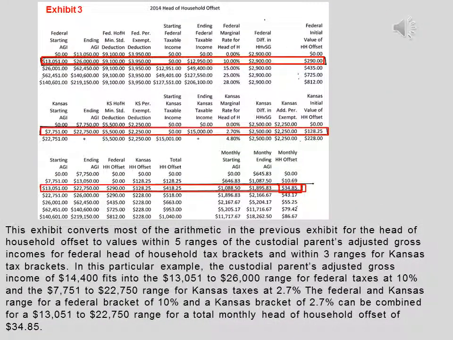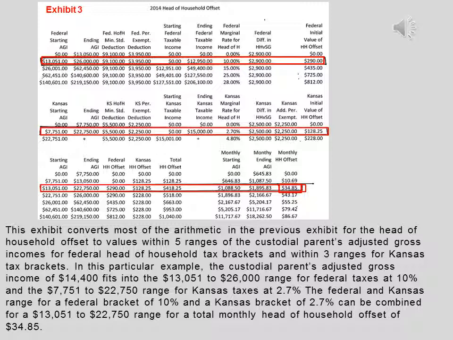This exhibit converts most of the arithmetic in the previous exhibit for the head of household offset to values within 5 ranges of the custodial parent's adjusted gross incomes for federal head of household tax brackets and within 3 ranges for Kansas tax brackets.